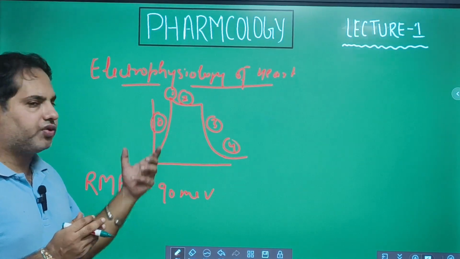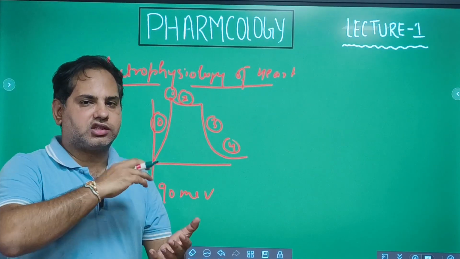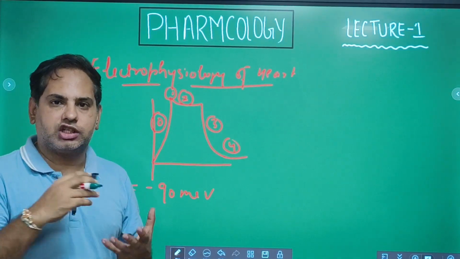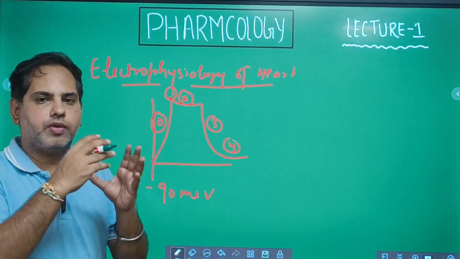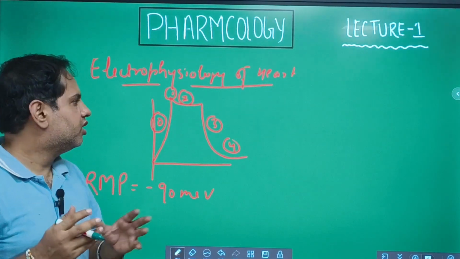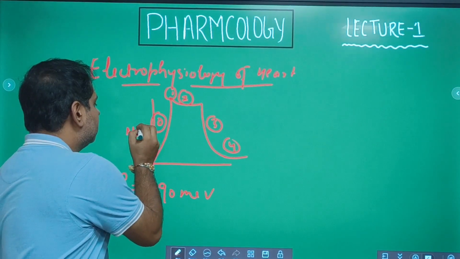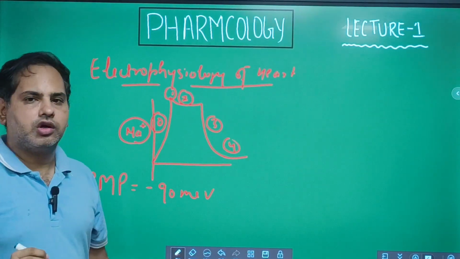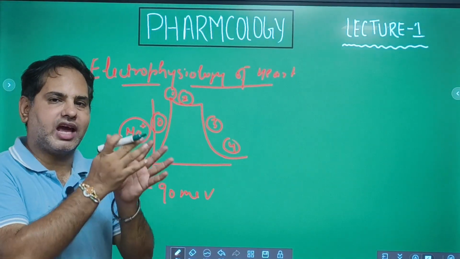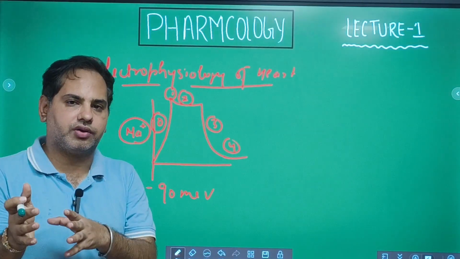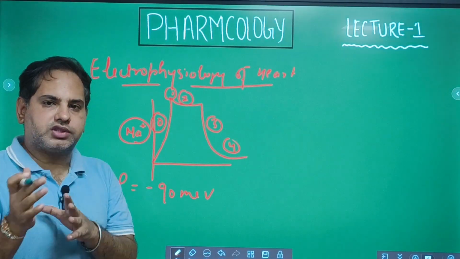So what happens in phase 0? Whenever an action potential is generated, whenever there is any stimulus, there is a movement of ions across the cell membrane. The ions which move are sodium ions. Sodium ions move from the extracellular fluid to intracellular fluid with the help of sodium channels.